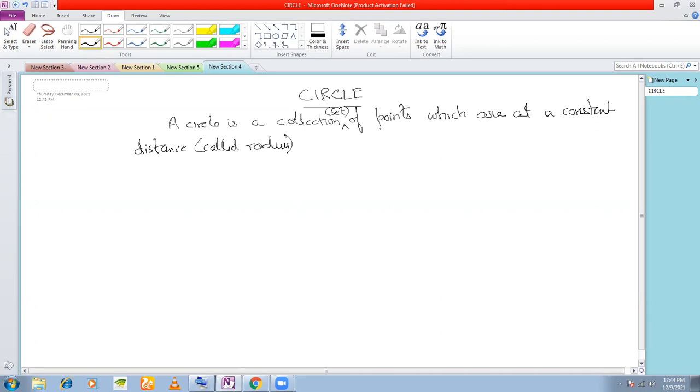This distance is called radius from a fixed point called center.